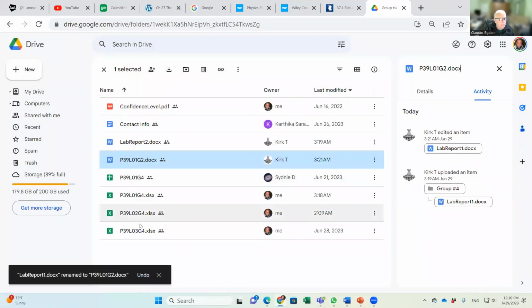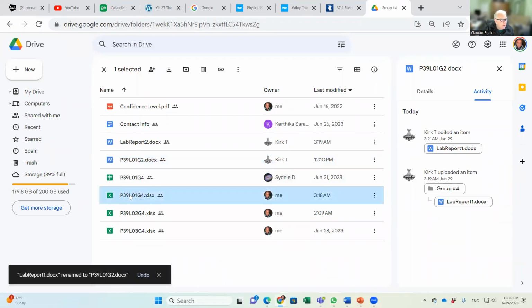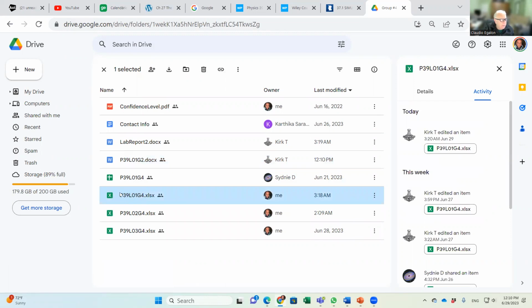So keep the same title as you have for the spreadsheet. If necessary, you can delete this document. This is just the original data, you can delete it.